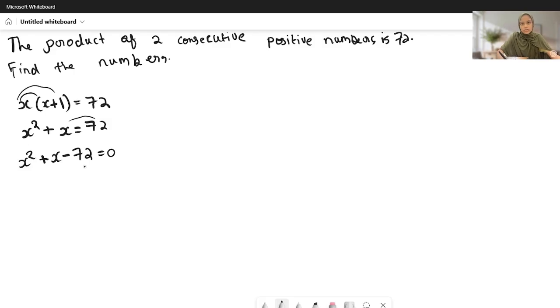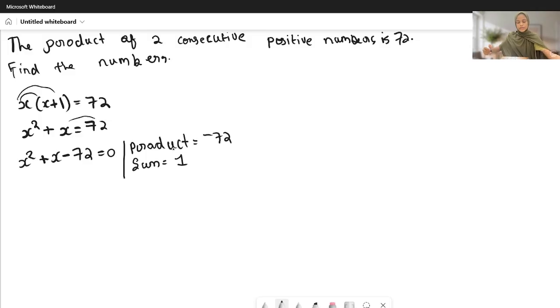Okay, so this is a quadratic equation, and the product is the constant, which is minus 72 right now, and the sum is the coefficient of x, which is 1 right now. Okay, so we need to find the two numbers whose product is minus 72 and sum is 1.